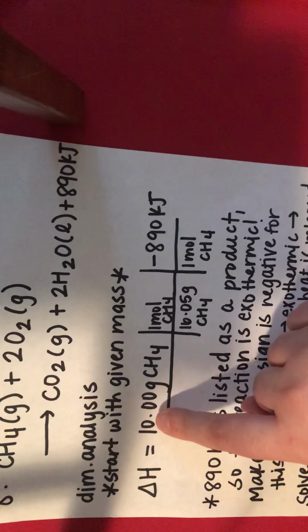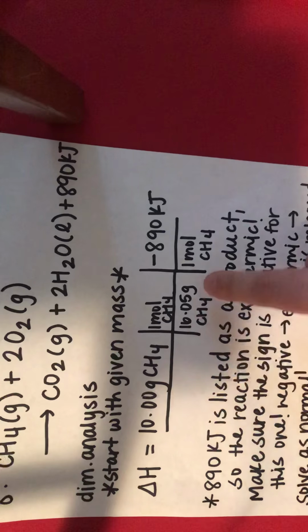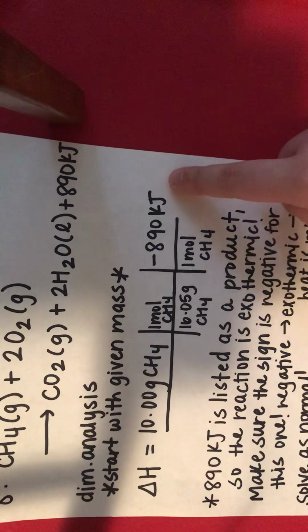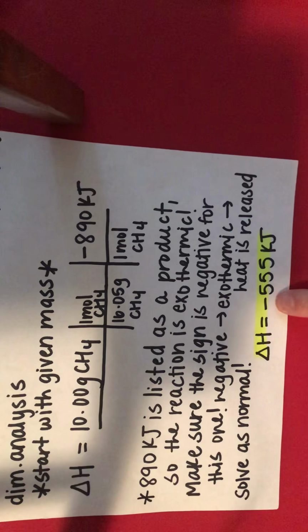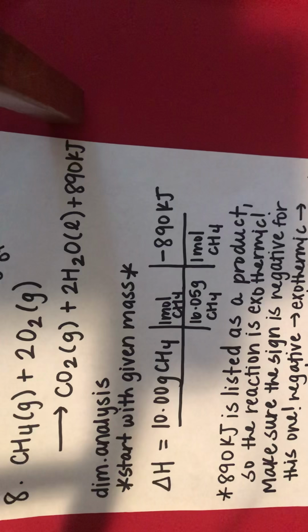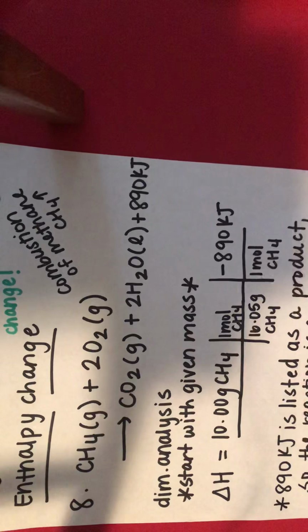We were given 10 grams of methane, go to moles, and then the very last box is negative 890. When you do the math, you get a delta H of negative 555 kilojoules. So that's what you're trying to find for that one.